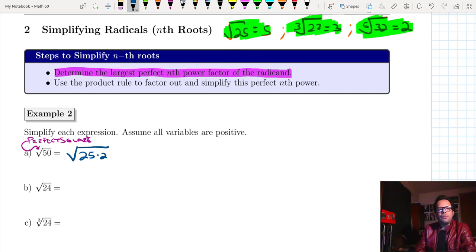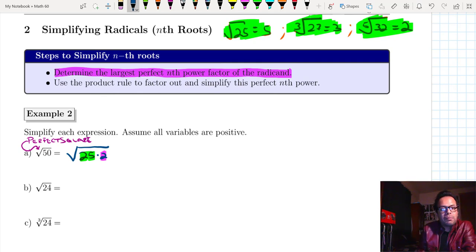From now on, I'm going to highlight with green the perfect squares, and with purple the numbers that are not perfect squares, or green with perfect cubes and purple the ones that are not perfect cubes, or green perfect fourths and purple the ones that are not perfect fourths, and so on. Now, what are we going to do next?